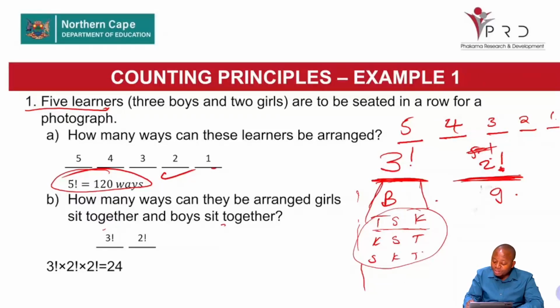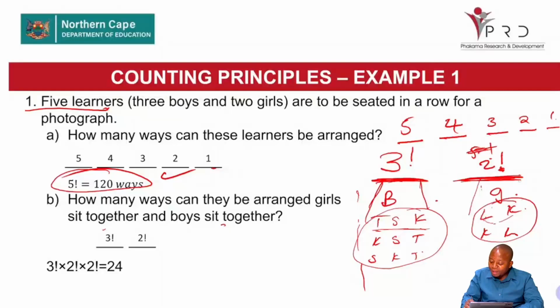The same thing applies to the bench for the girls. Let's use a different name, maybe Lebo and Kopano. It's 2 ways: we can start with Lebo and Kopano, or Kopano and Lebo. That gives us 2 factorial.